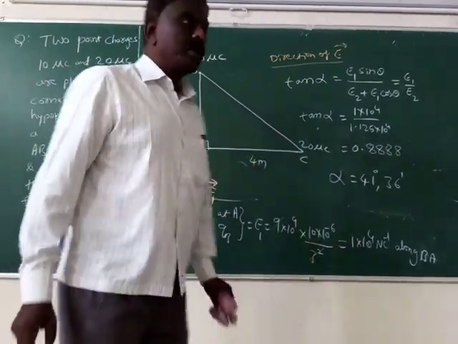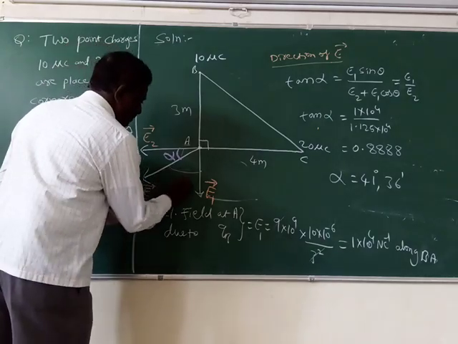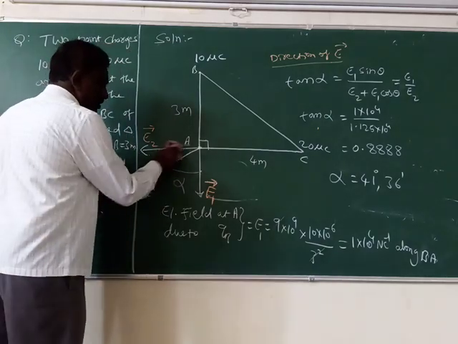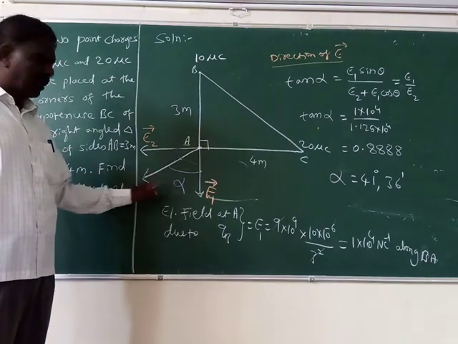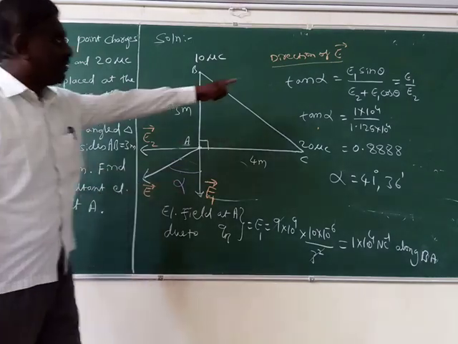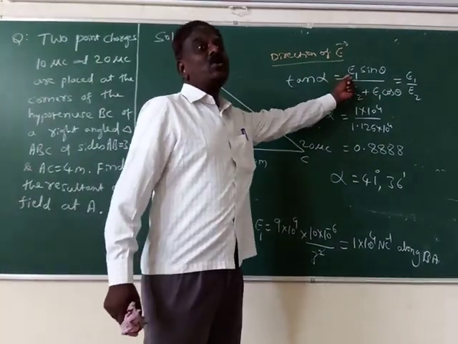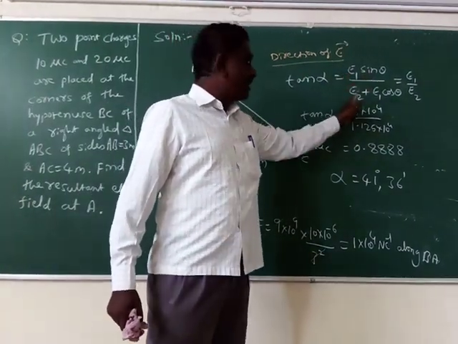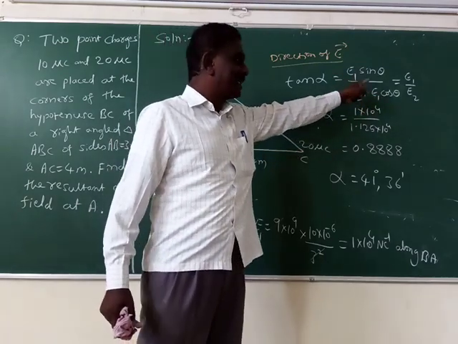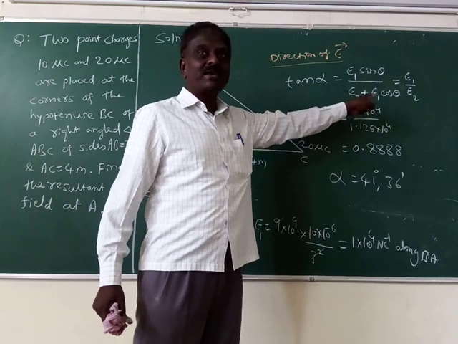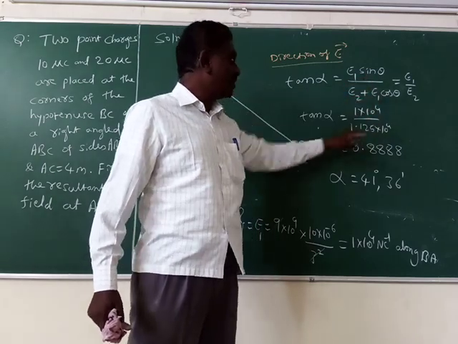Suppose you consider this angle between E1 and E as alpha instead, no problem. Then the formula becomes tan alpha equal to E2 sin theta divided by E1 plus E2 cos theta. Theta is 90 degrees, sin 90 is 1, cos 90 is 0.